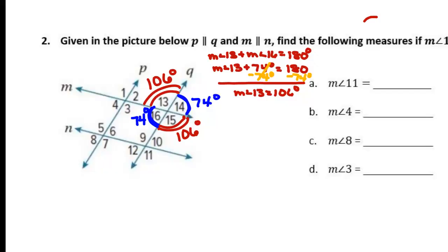Angle 11 is down here. And now I'm looking at question A here, the measurement of angle 11. Angle 11 is right here. Can you find a relationship between angle 11 and one of the angles up here? 15 and 11, what do we call that special angle pair? Corresponding. Are corresponding angles congruent or supplementary?